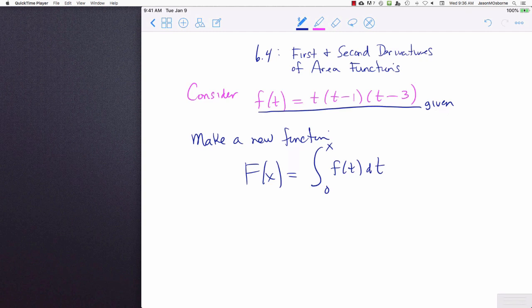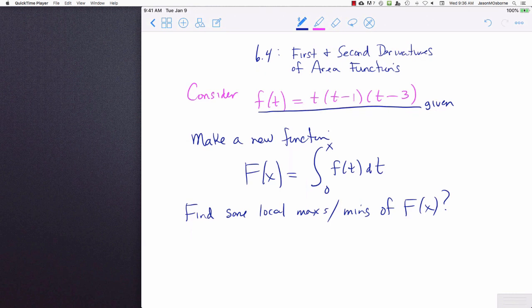And I ask you the question: can you find some local maxes and mins of this function capital F of x? So that is the question.